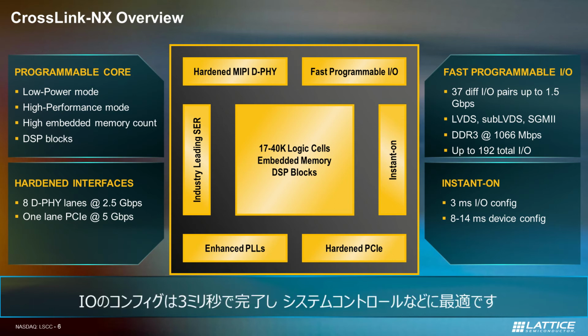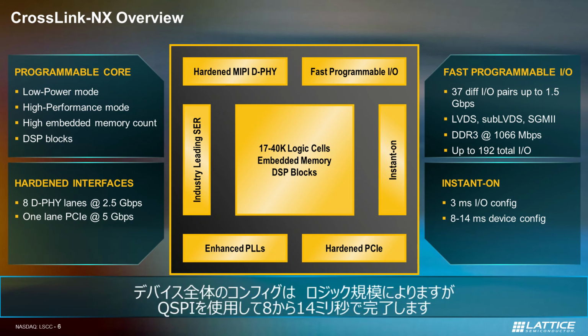Instant-on improves ease of use by providing pre-configured I/O state within 3 milliseconds, which is good for board control applications. The device, depending on the logic density, self-configures from QSPI flash memory between 8 to 14 milliseconds.